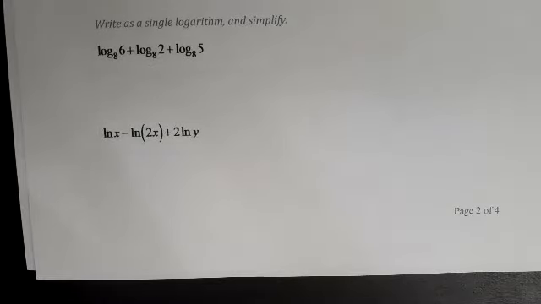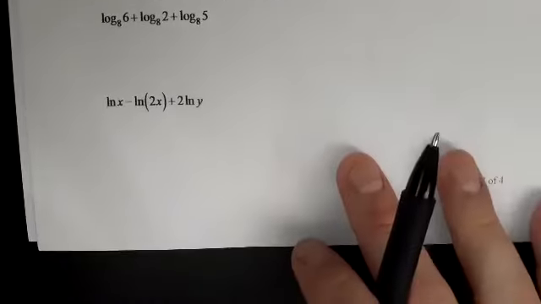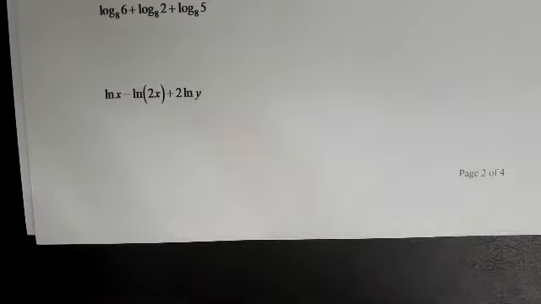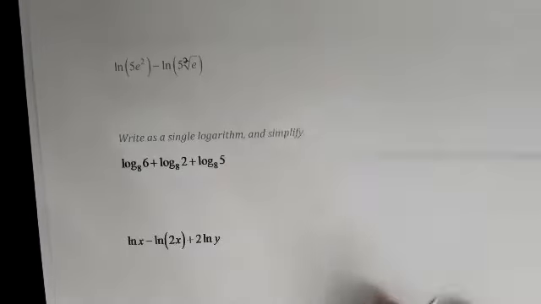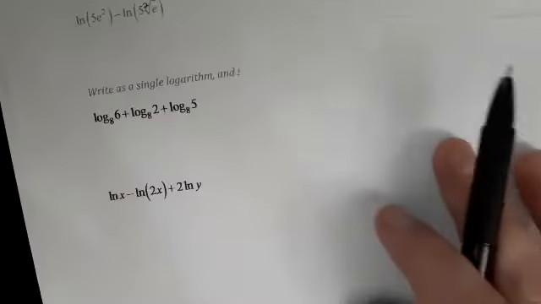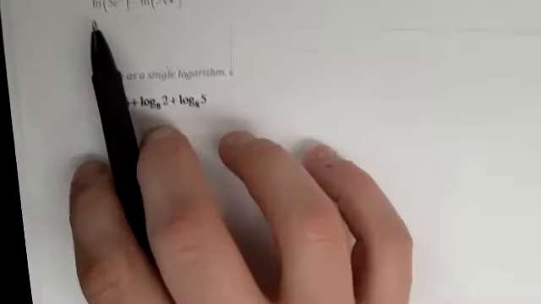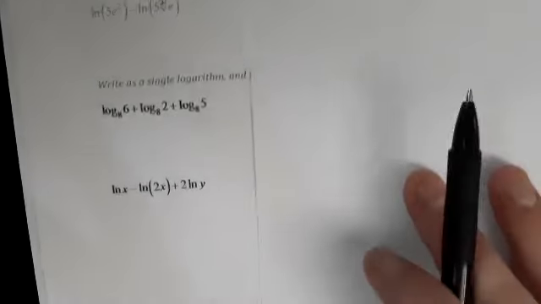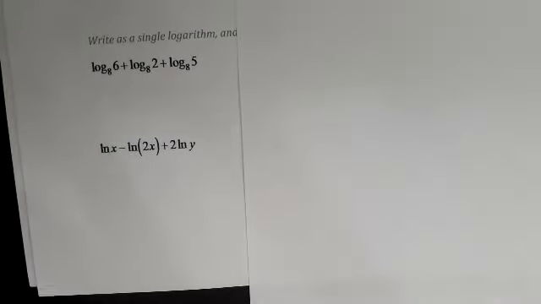So some calculators allow you to just throw them in there with different bases. Other calculators don't. A lot of calculators only have the regular log base 10, or they have ln. Some of them have different bases.